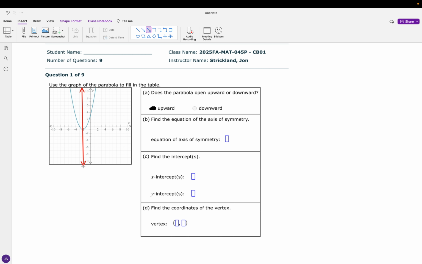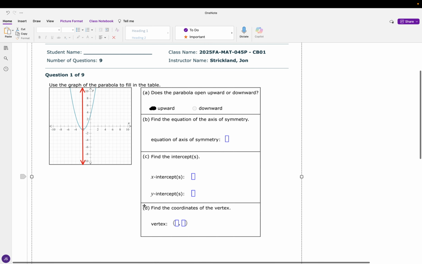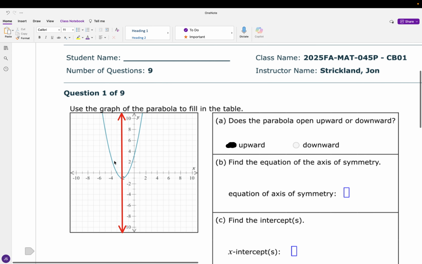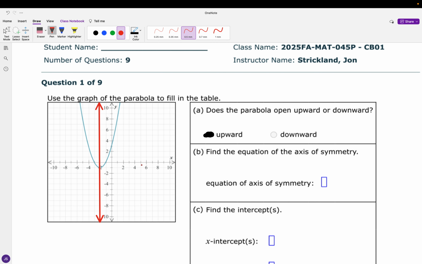If you notice, if I look at splitting this graph right down the middle, see if I can get this lined up in satisfactory form, it looks like it is going to pass through x equal to -2, running through the x-axis. So x equal to -2 will be the equation for the axis of symmetry.